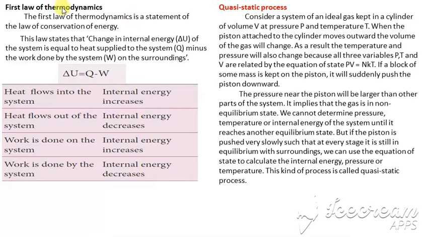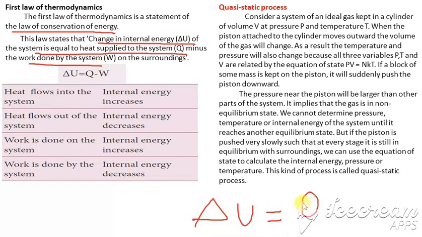The first law of thermodynamics is a statement based on the conservation of energy also. So change in the internal energy is equal to the heat supplied to the system minus the work done. So that is given by del U, which is equal to Q minus W. Here del U denotes the change in the internal energy.